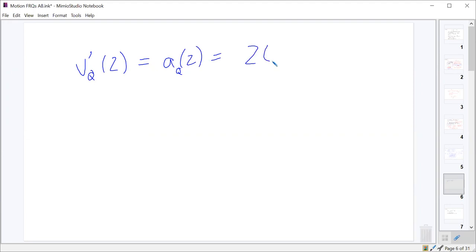It was t squared minus 8t plus 15, so 2t minus 8. We'll evaluate that at t equals 2, which is negative 4. That's the first part of that question. They gave you 1 point for getting that value. Everybody good with that? That part should be pretty easy. Take the derivative to get acceleration.